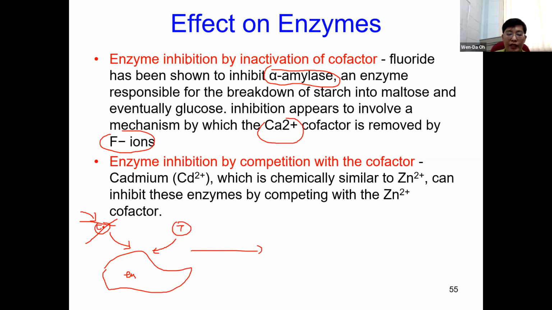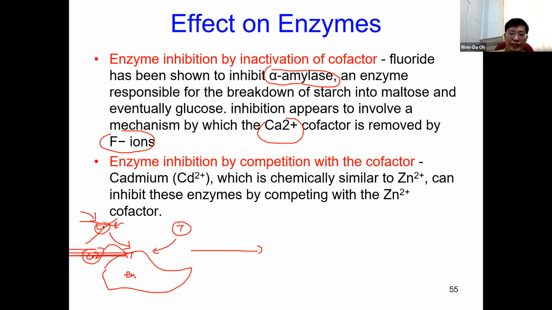The other one will be the inhibition by competition with cofactor. For this case, you have the enzyme, and you have multiple cofactors. For example, you have this one, and then maybe the other one, cofactor number 2. This cofactor number 2 can bind with the enzyme, but it is not as good as the original, intended cofactor. Of course that will cause the enzyme to be inhibited.